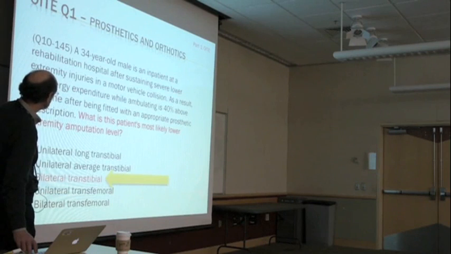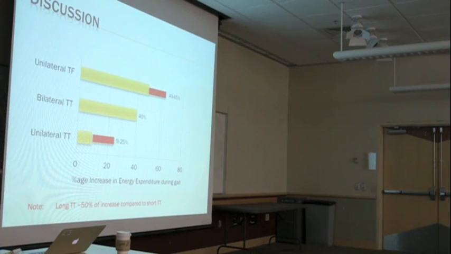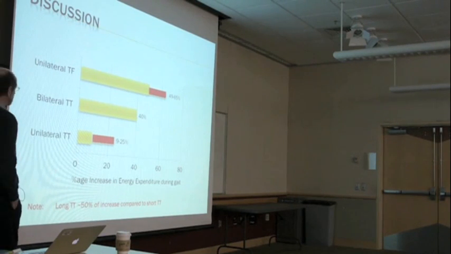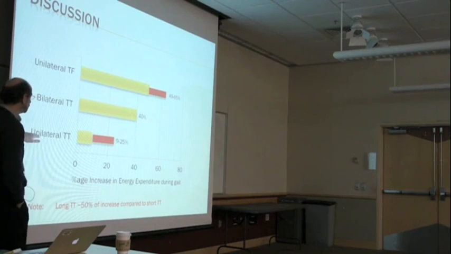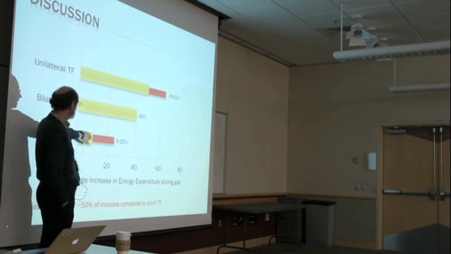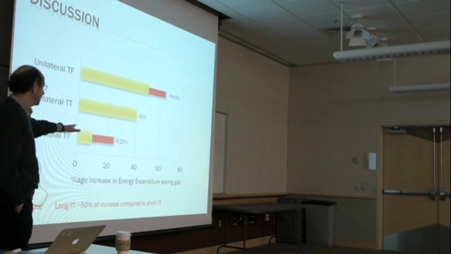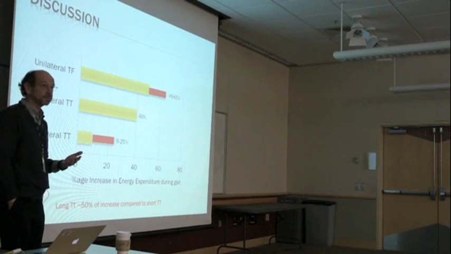That's the right answer. And here from the literature that they quote are some rough figures for you that you could probably take away from this question. If you have a unilateral transtibial, this could increase your energy expenditure in gait between 9 and 25%. That variability is likely due to level.